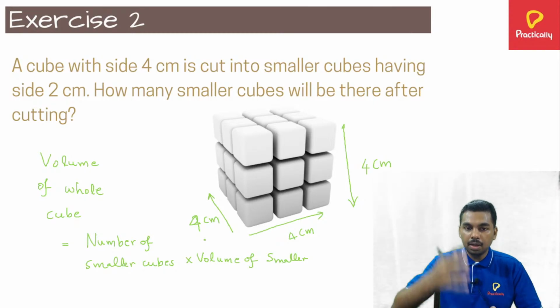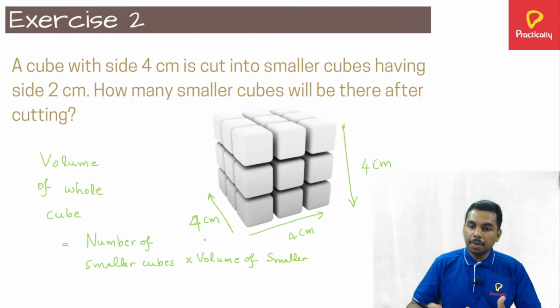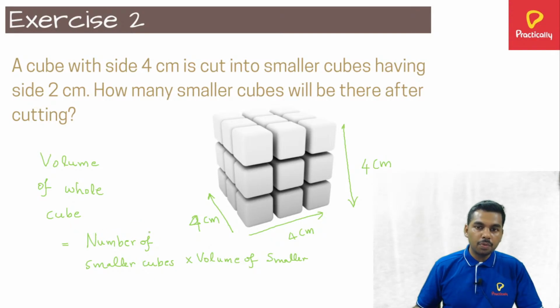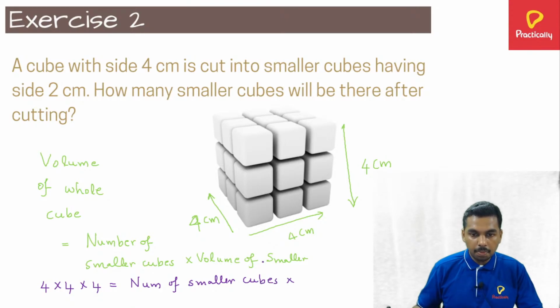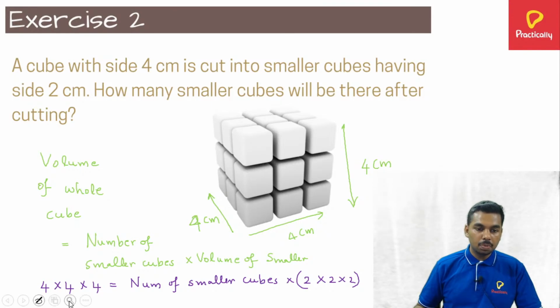If we cut the bigger cube into smaller portions, a proportional volume is there for the smaller cube. We know that the volume of a cube is the length of the side multiplied 3 times. So the volume of the whole cube is 4 into 4 into 4, which is equal to the number of smaller cubes multiplied by the volume of the smaller cube. The volume of a smaller cube is 2 into 2 into 2. So you can divide these two and the final answer is going to be 8.